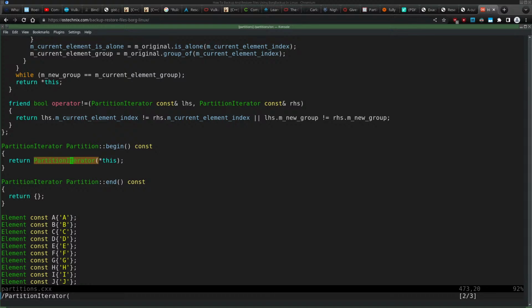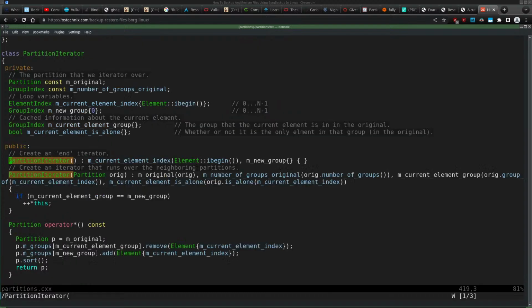That's funny. I'm in this file and I jump to the partition iterator and I get to the other file. Should not do that. It was confusing. And we get here and then that's what is missing. This one is initialized with group of the current element index.